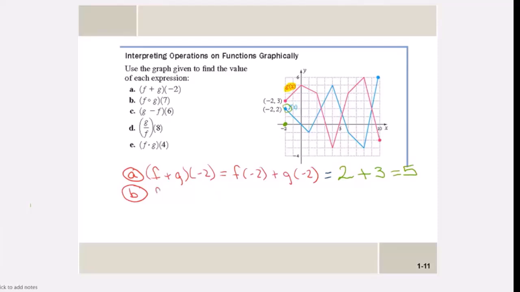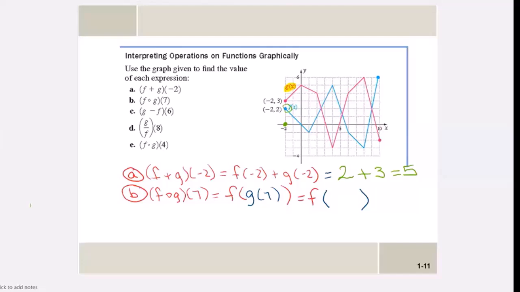B, I have f composed with g of 7, which is equal to f of g of 7. And again, I'm going to put different colors on the inside. So this is equal to f of, well, I have to find g of 7.